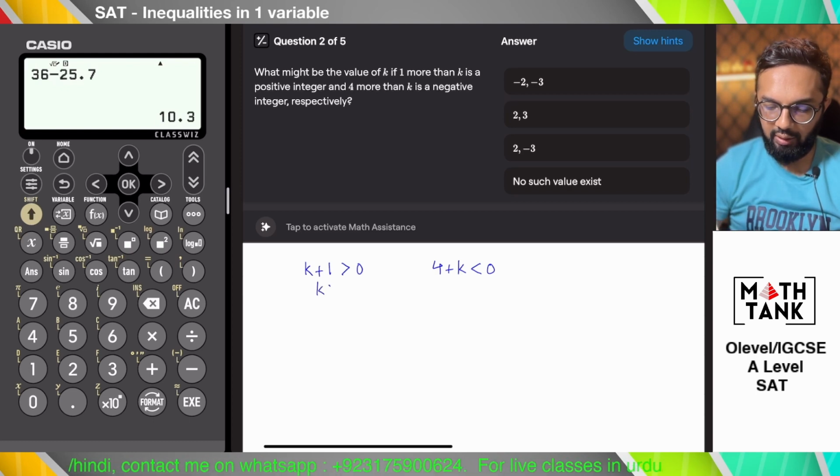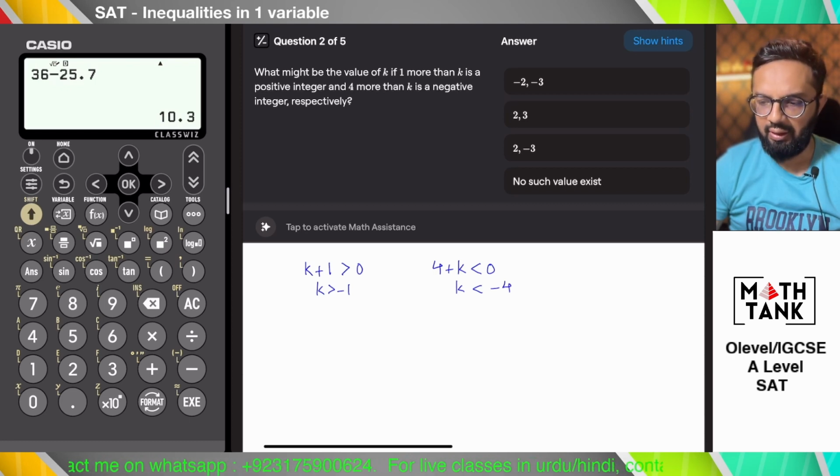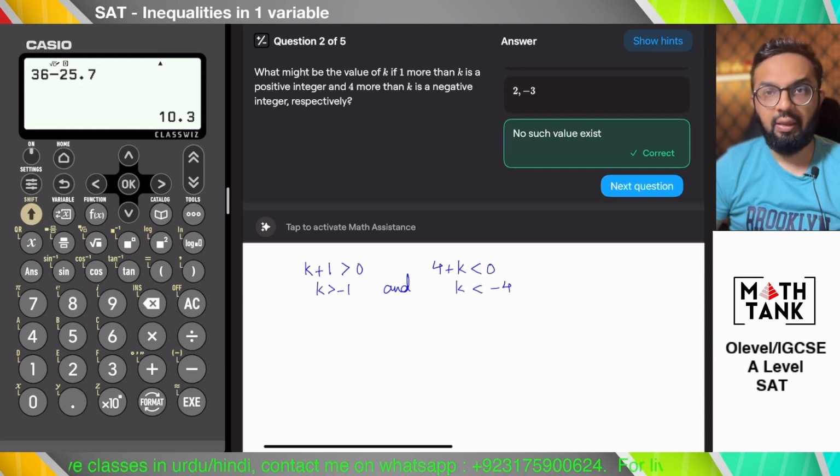So k should be greater than minus 1 and k should be less than minus 4. Okay, so I can't have both conditions satisfied simultaneously. Can I have that? No. Since it is "and", I need to satisfy both conditions together. This looks very odd, so I'm going to go with no such value exists. Let's see if that is the correct answer. Yes, that is the correct answer.